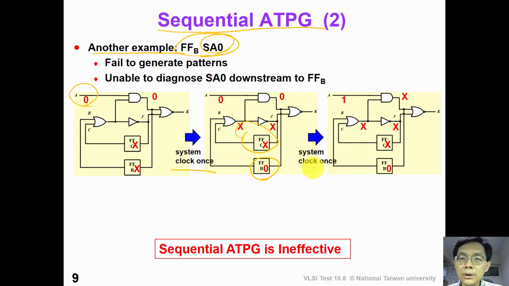So even after the second system clock, flip-flop B is still 0. That means we cannot control flip-flop B to 1. In summary, we failed to generate sequential patterns to control flip-flop B to 1. So we are unable to diagnose stuck-at-0 faults downstream to flip-flop B. This shows the limitation of this method because sequential ATPG is somewhat ineffective.